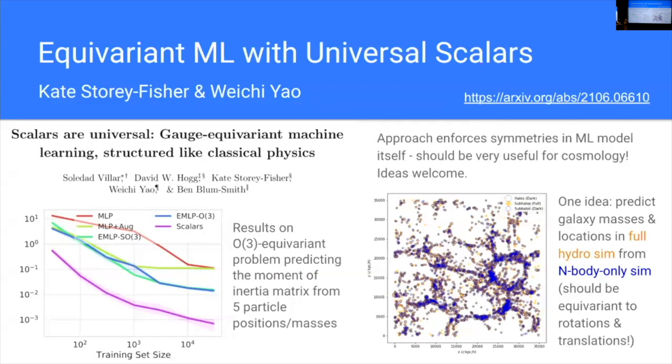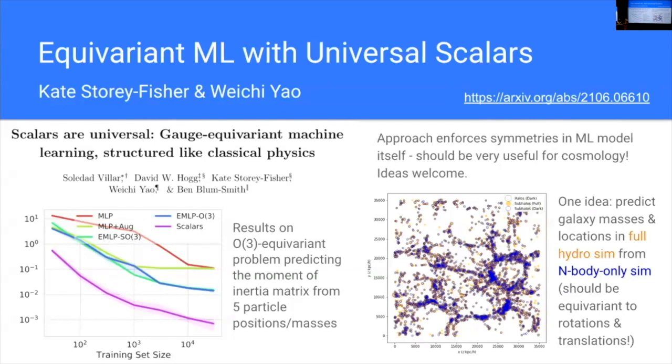So this means reducing any input vectors, tensors, and taking inner products, things like that, and reducing them to scalars. And that makes it so that it doesn't depend directly on the values of whatever your inputs are, but rather these combinations that are what end up mattering more physically.